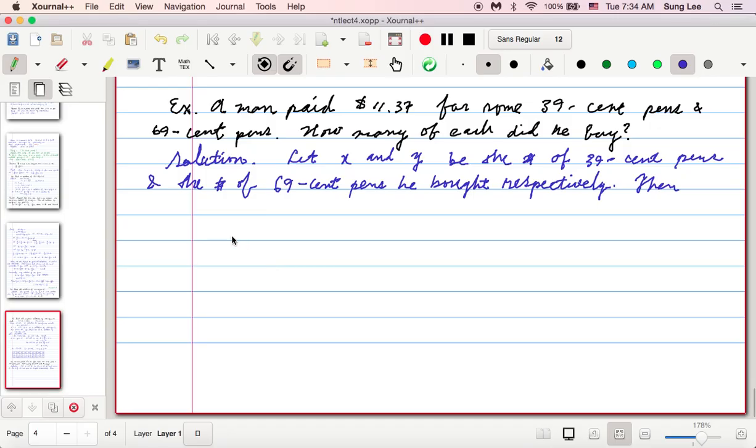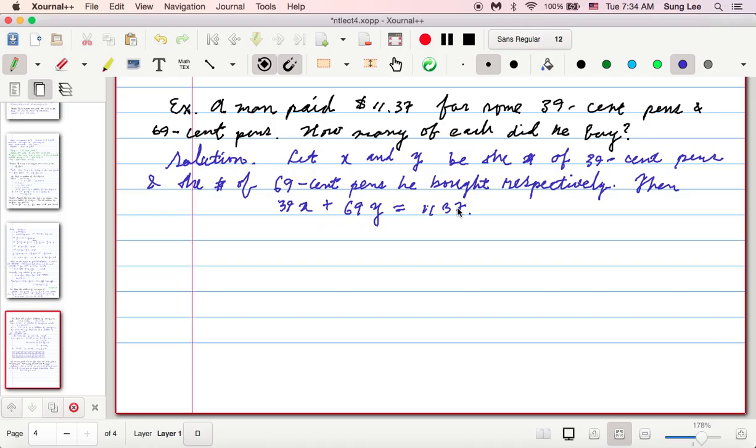So we have the following equation: 39 cents times x plus 69 cents times y equals the total amount he spent to buy these two types of pens together. So that's going to be 1137. So we have this equation.